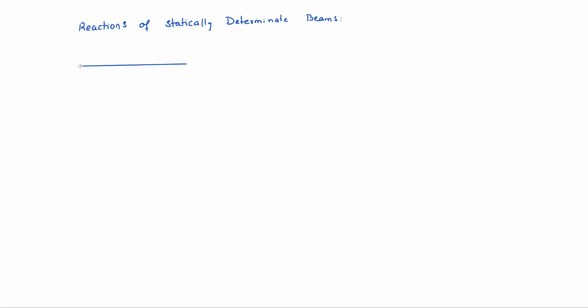Suppose you take a cantilever beam for any loading, like two point loads like this, 10 kilonewtons, 20 kilonewtons, and the distances are 2 meter and 2 meter.